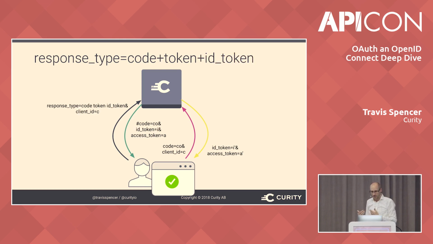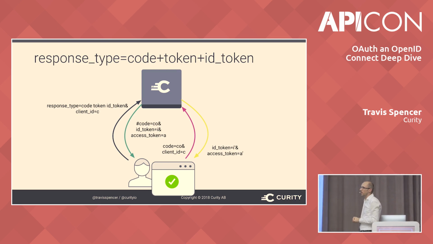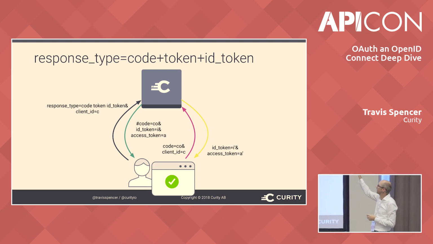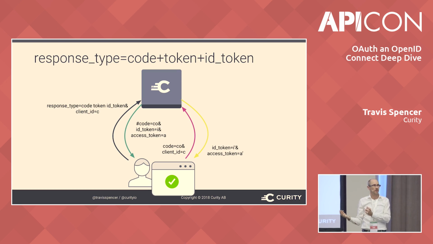And then finally, the third variant of this flow is that we can say we want a token and an ID token for the front end and still give the code for the back end. So the similarity in all of the hybrid flows is that the code is always there, and then the rest of the stuff is what your front end wants.